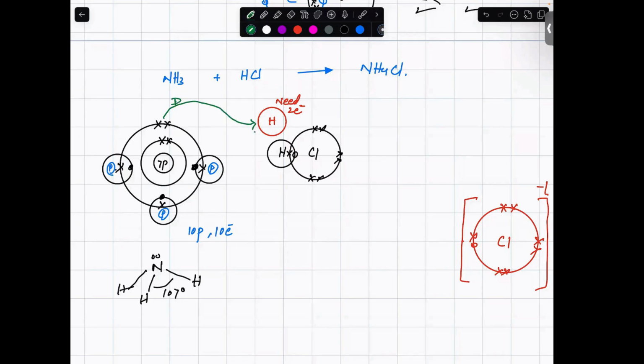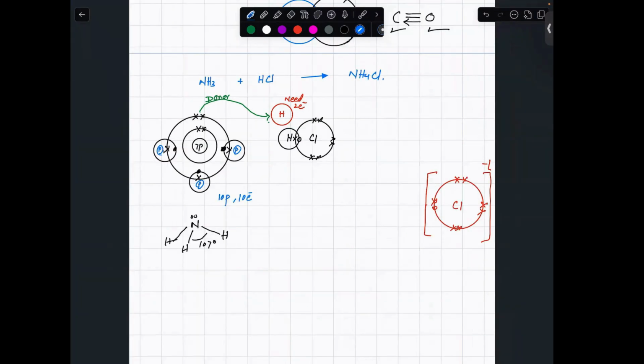So it's the donor, and the hydrogen is the acceptor. The nitrogen is donor and the hydrogen is acceptor.